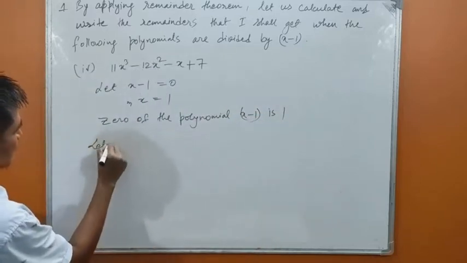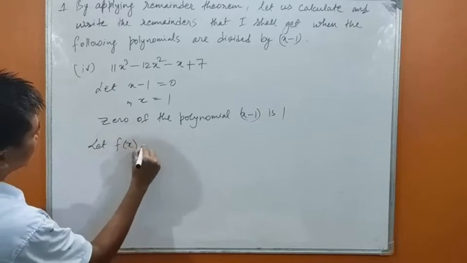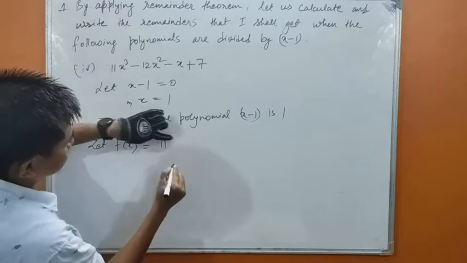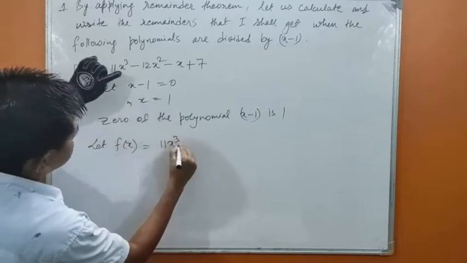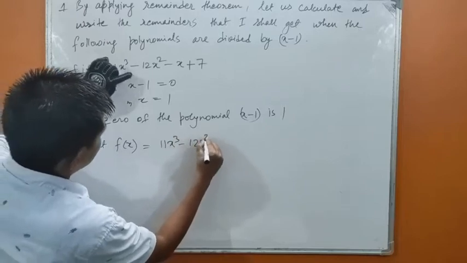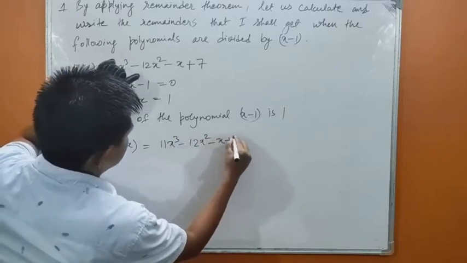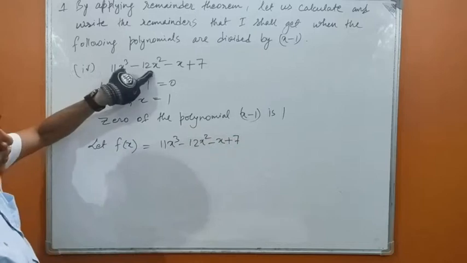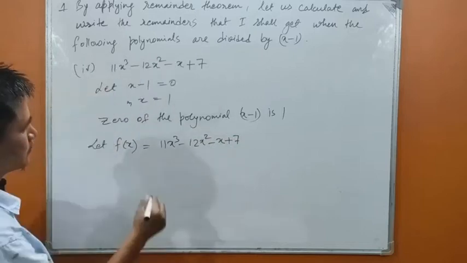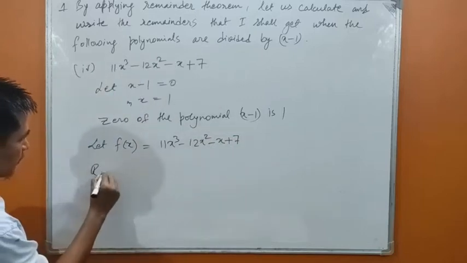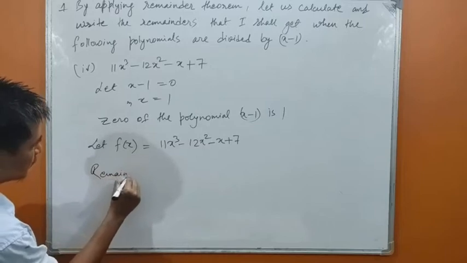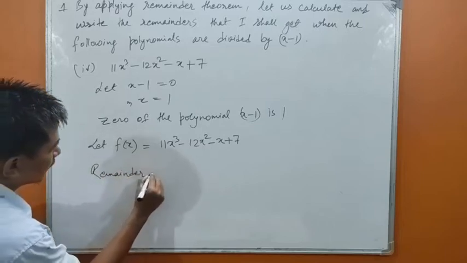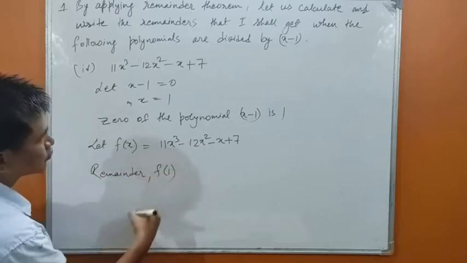Let f(x) equals to 11x cubed minus 12x squared minus x plus 7. So remainder will be f(1), isn't it, according to remainder theorem?